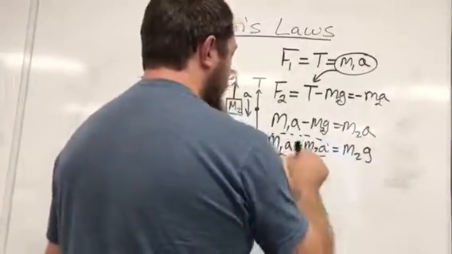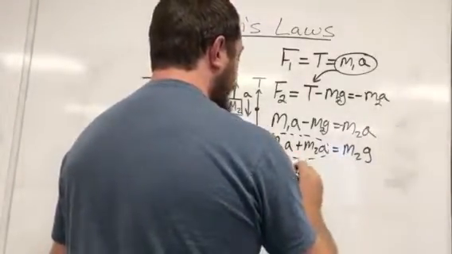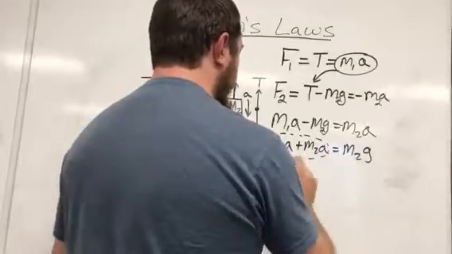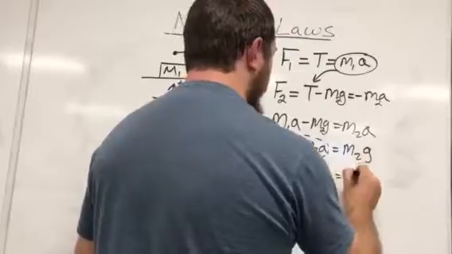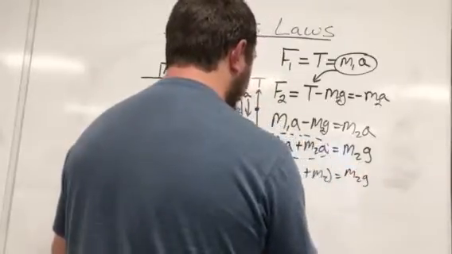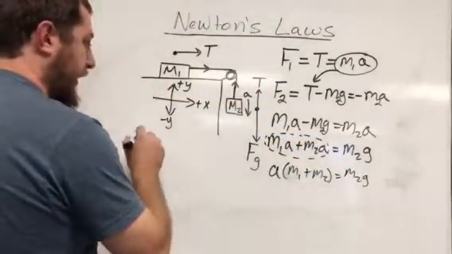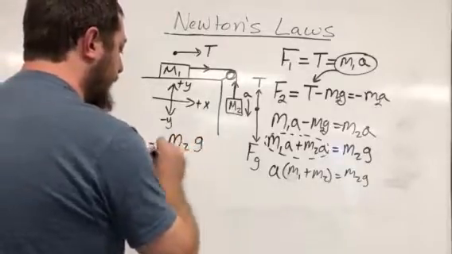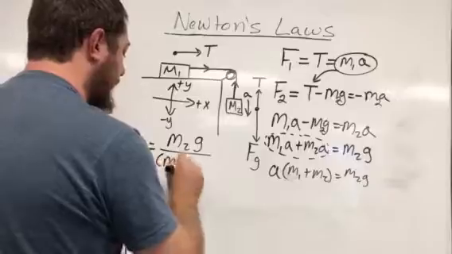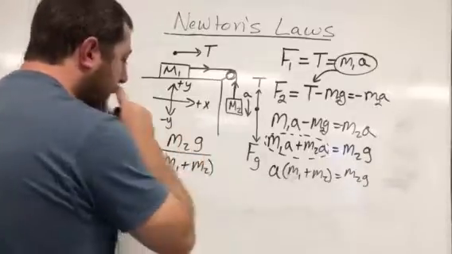And so what I can do is factor out my A, and A times M1 plus M2 is going to equal M2g. And so then A, I'll write it over here so it's not getting too low. So then A is going to equal M2g divided by the sum of my masses, right?